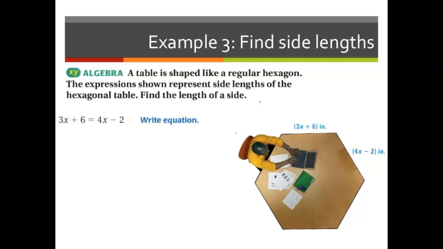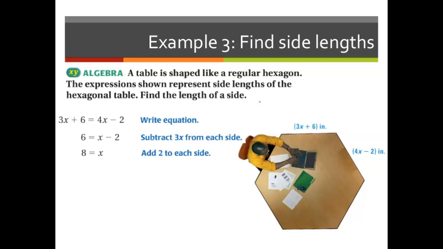Now solving this, we end up getting x is equal to 8. Now the question is not asking us to find what x is equal to. This is asking us to find the length of one of the sides. It doesn't matter if you use 3x plus 6 or if you use 4x minus 2. Either way, you should end up with the same answer.